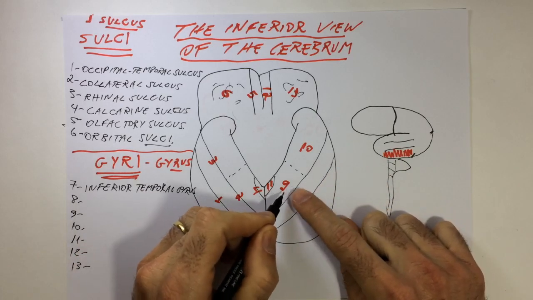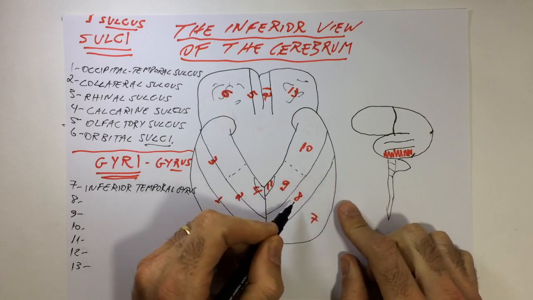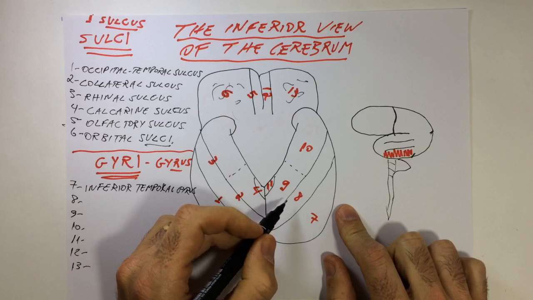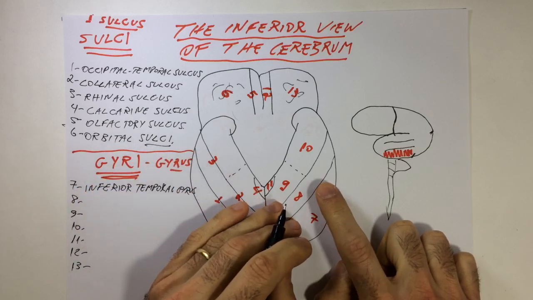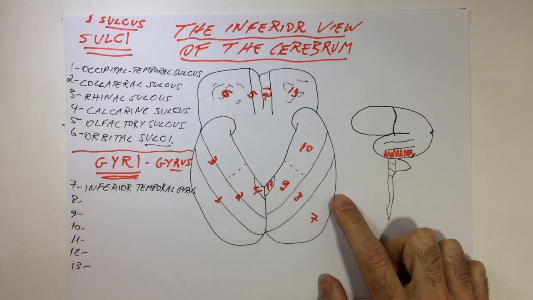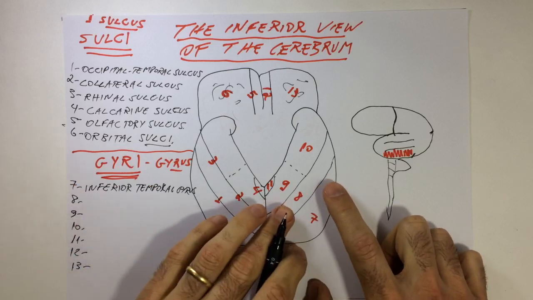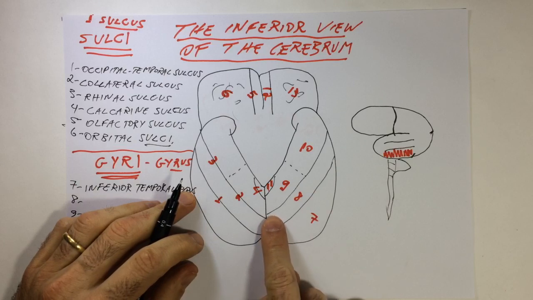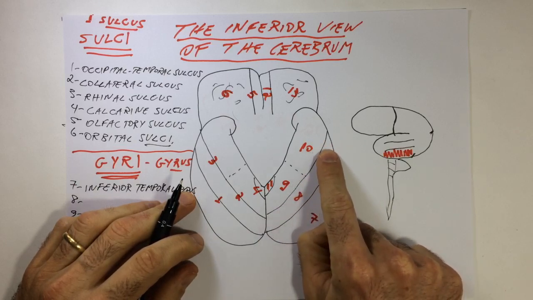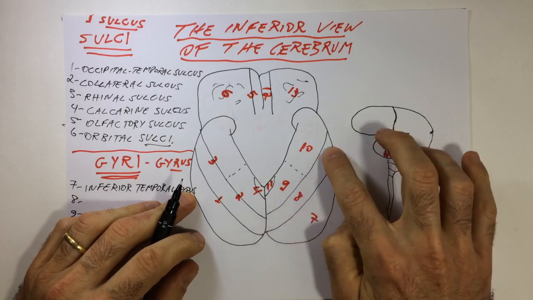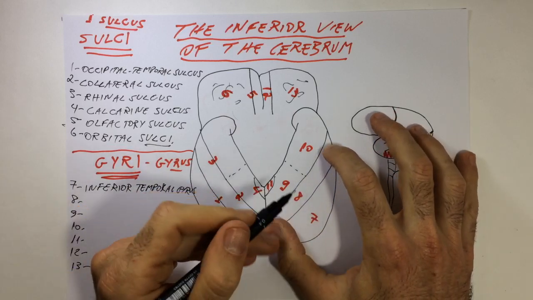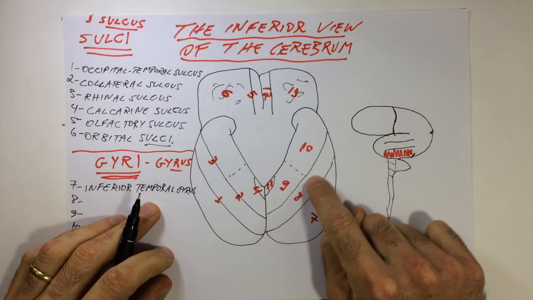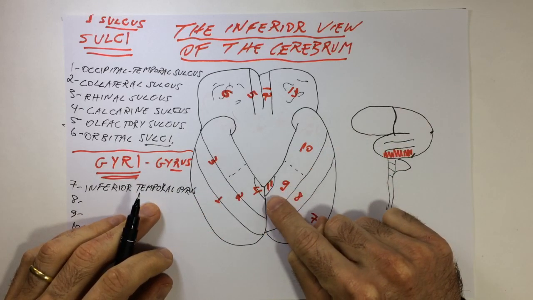This one here, number 8 and number 9, they have pretty much the same name. In English, actually, there are two ways to name these gyri. One of the names is, because it goes all the way from the occipital lobe to the temporal lobe, occipital-temporal gyrus. But since there are two of them, that would be the lateral and that would be the medial.